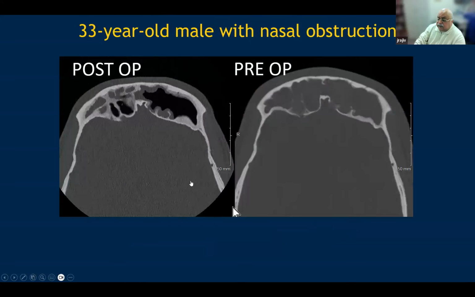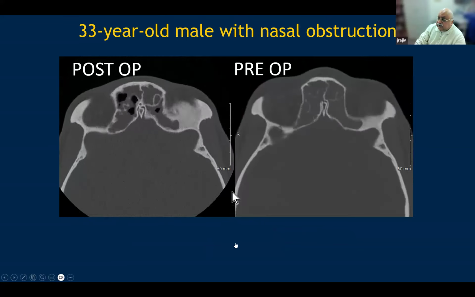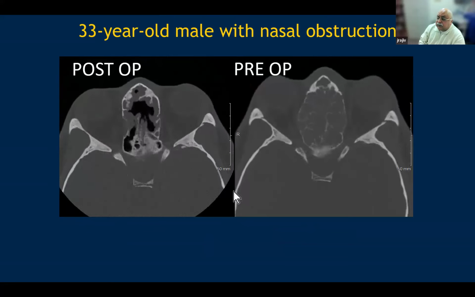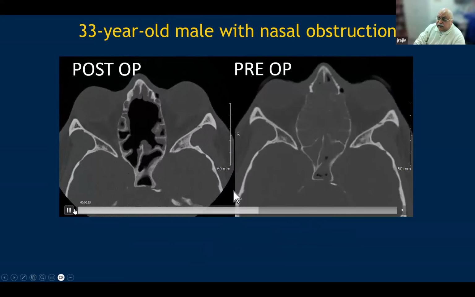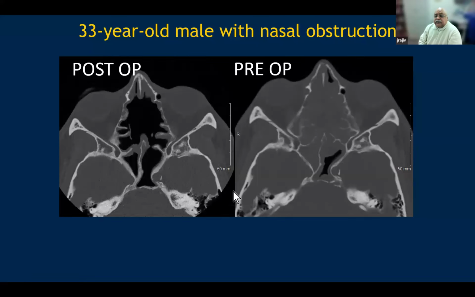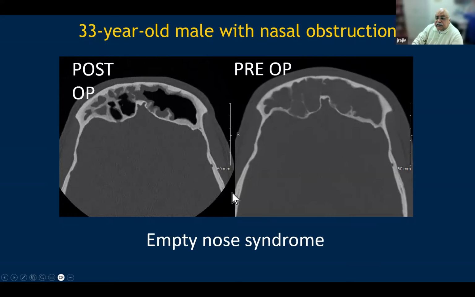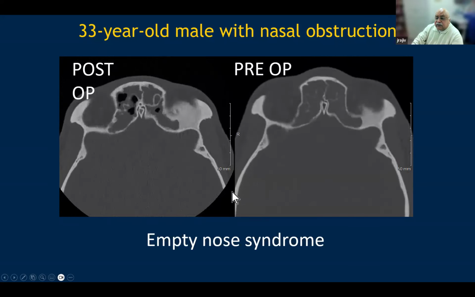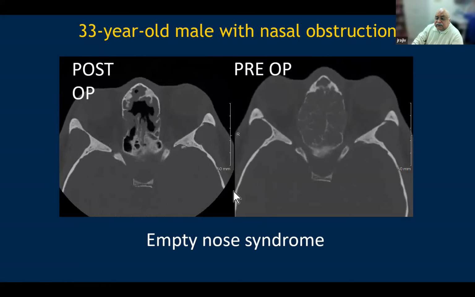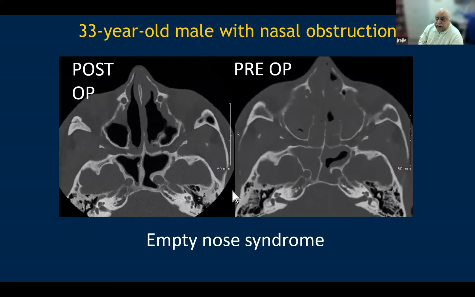One of the important features of endoscopic sinus surgery is persistence of symptoms following extensive ethmoidectomy, and this is termed empty nose syndrome. This empty nose syndrome is caused by excessive nasal permeability, and it's neurosensitive to the receptors, and inhaled air humidification is impaired.